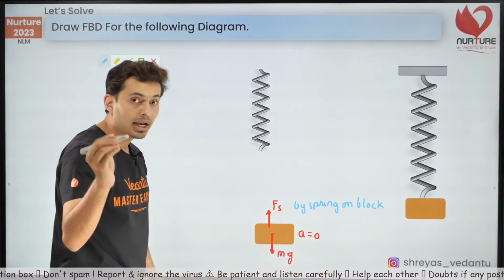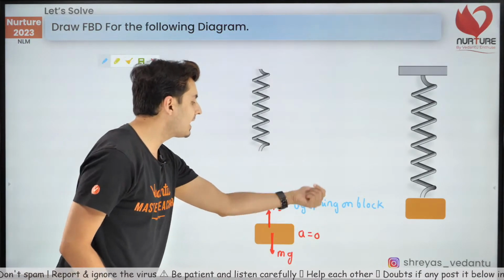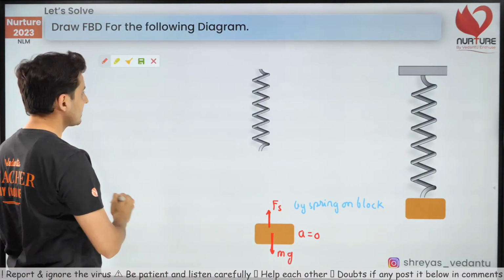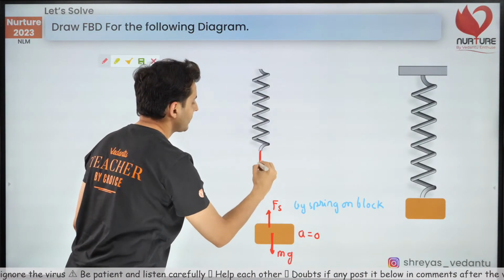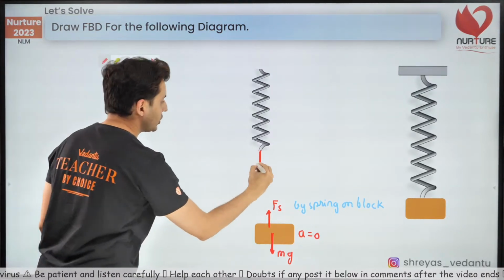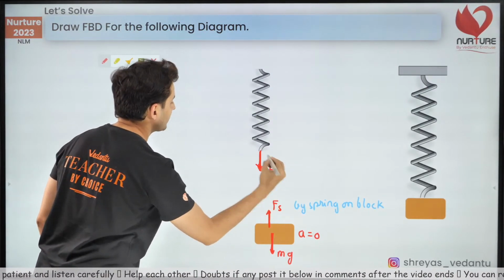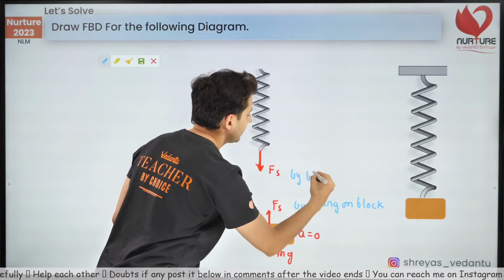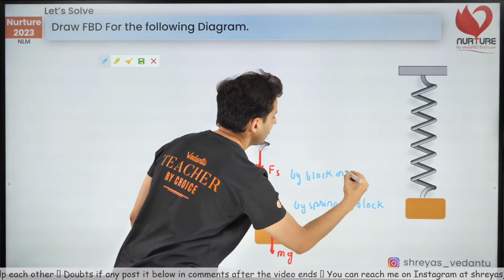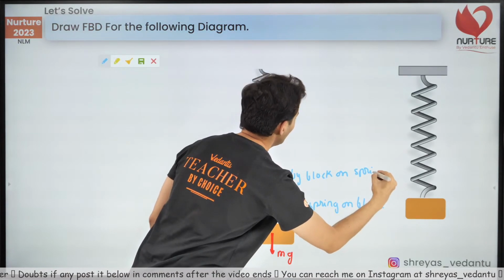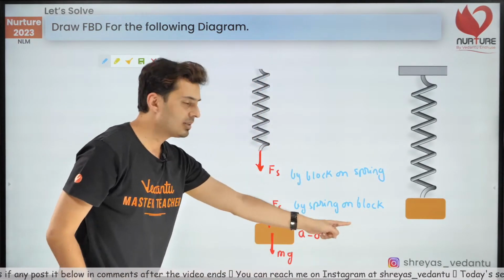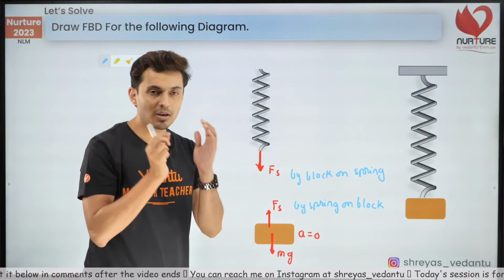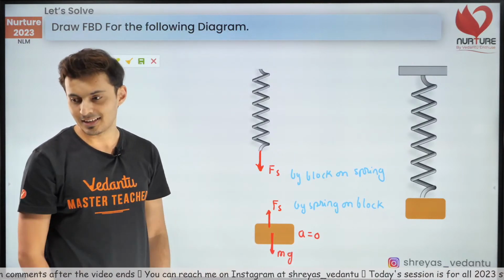By Newton's third law, there should be a reaction of this force. Hence, on the spring by the block, there should be the same amount of force. So this is the reaction. This is by the block on the spring. You don't have to write this every time. This is only in the initial stages for your understanding, nothing else.